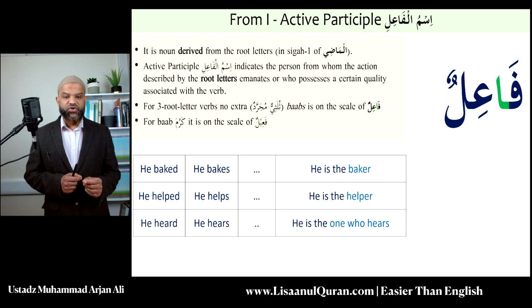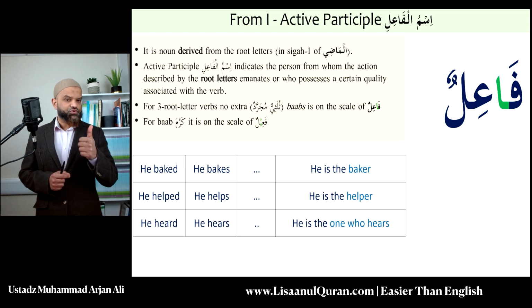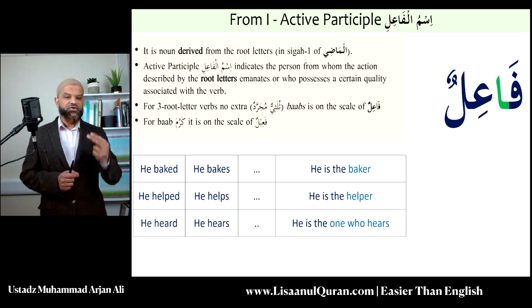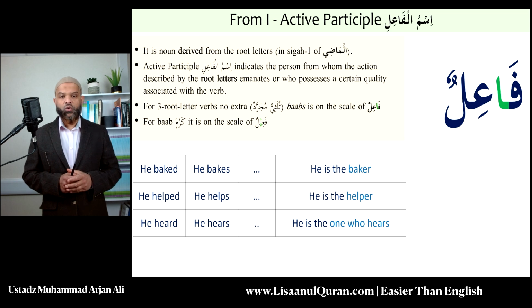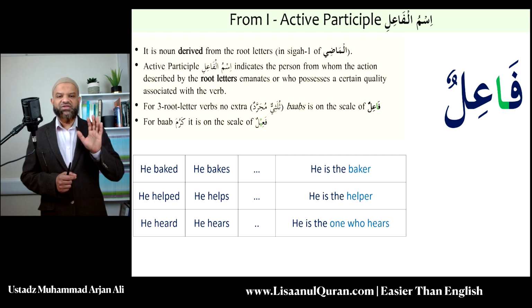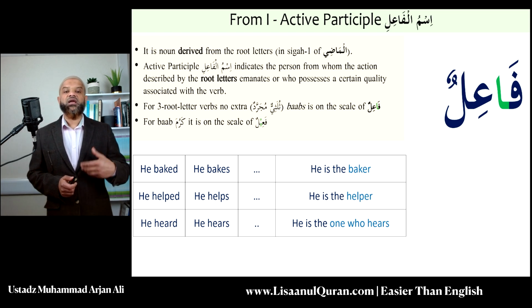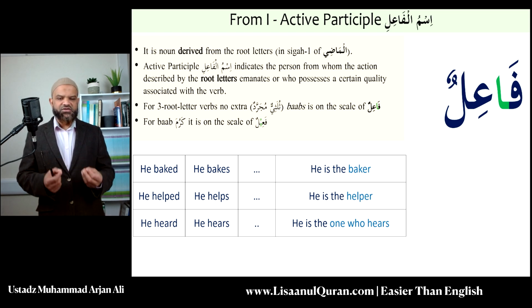Okay, so this is the three root letters. The fa is the first root letter, the ayn is the second root letter, and lam is the third root letter. So please note, I put a fatha on the first root letter, then I put an alif to elongate the sound, and then on the second root letter I put a kasra, and the third root letter, I will put tanween as necessary. So fa'ilun is the active participle pattern.